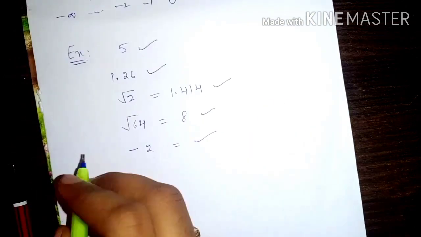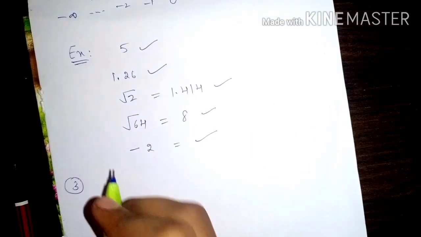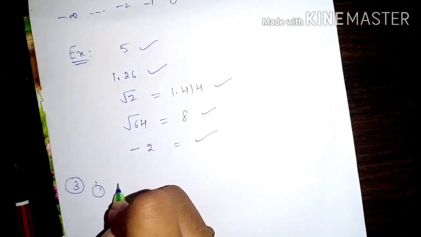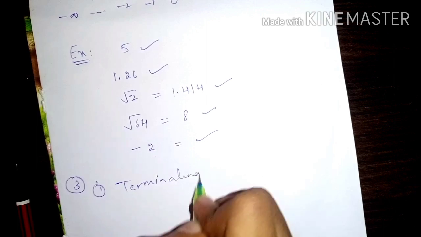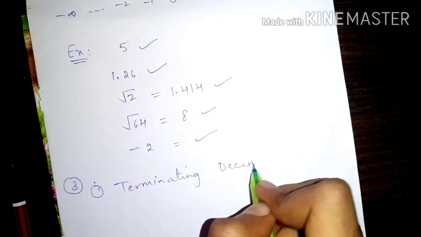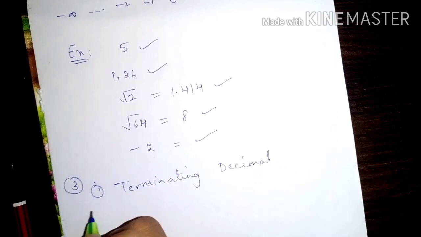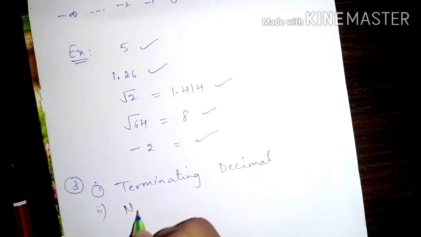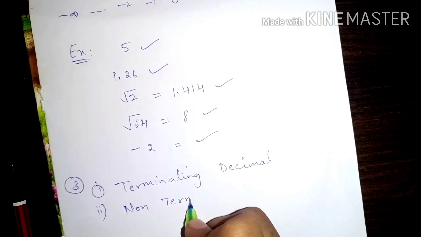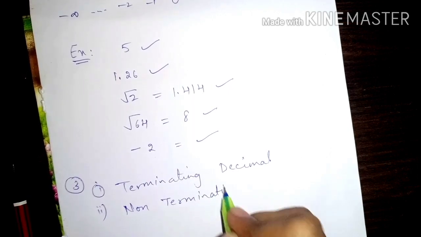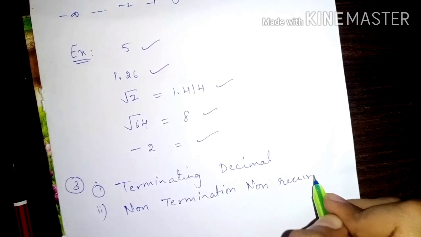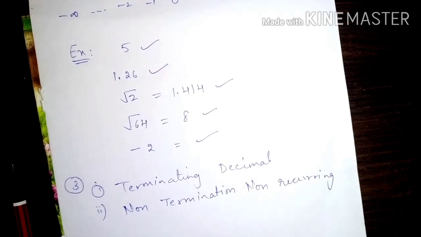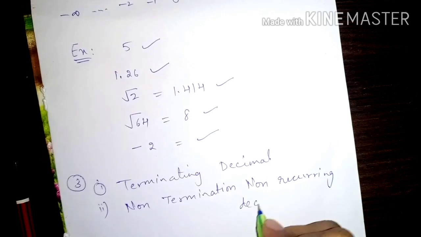Next, we'll learn 3 types of numbers. The first one is terminating decimal. The second one is non-terminating, non-recurring decimal.